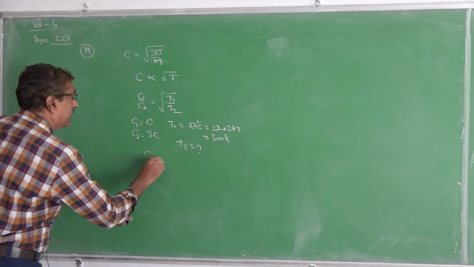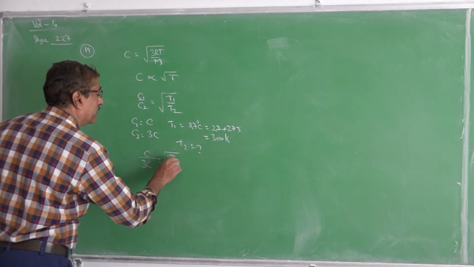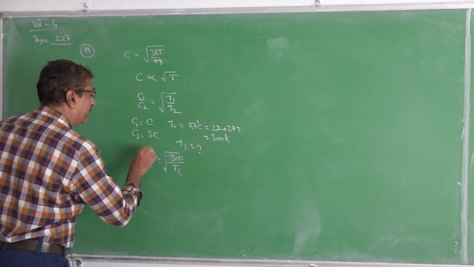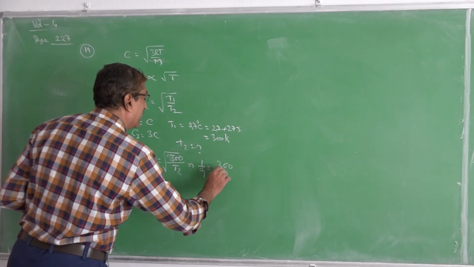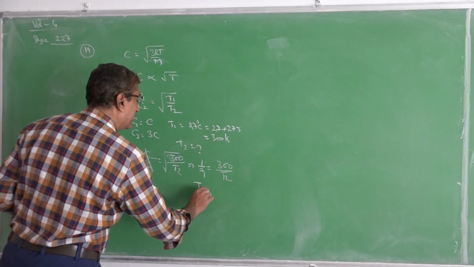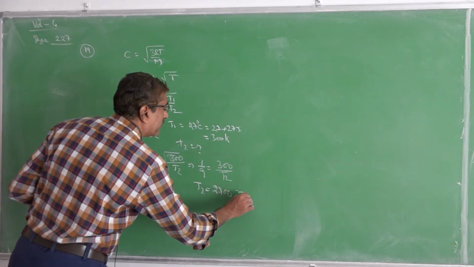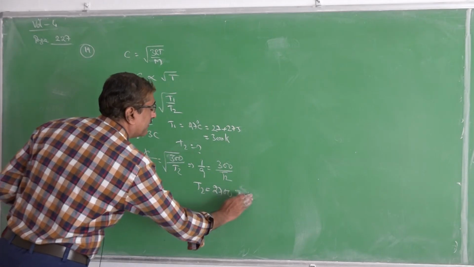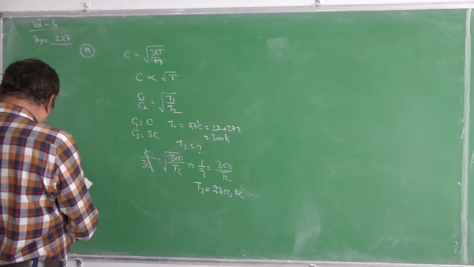So C by 3C equal to square root of 300 by T2. That implies 1 by 9 is equal to 300 by T2. So T2 is equal to 2700 K. Answer itself.